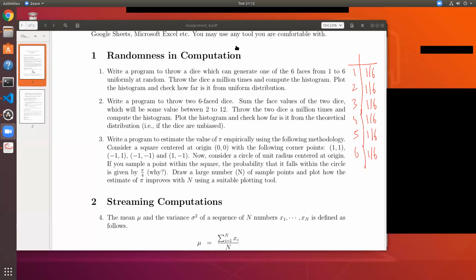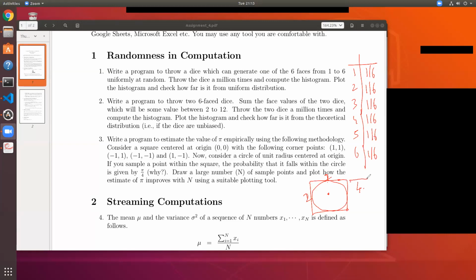What is the area of a unit circle? Let's take a 2 by 2 square, and then you put a circle in it. What is the area of the square, and what is the area of the circle?